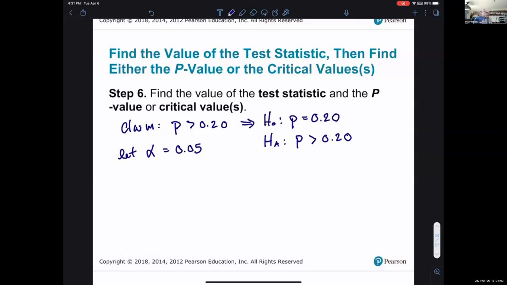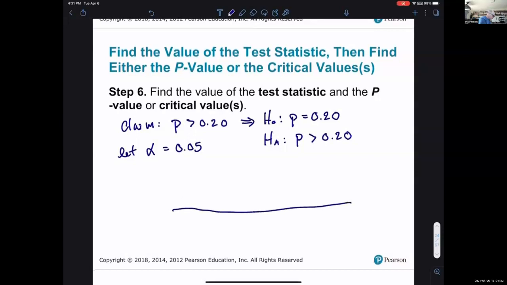All right, so what do they mean, finding the value of the test statistic? You have this claim, this hypothesis that you're going to test. You've used it to identify the null hypothesis and the alternate hypothesis, and you have a significance level with which you're going to run your test. So the idea behind the p-value, the critical value, and the test statistic is that you're choosing your sample randomly, and there's some distribution.